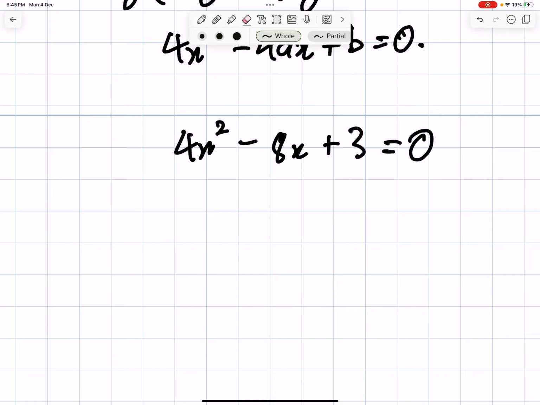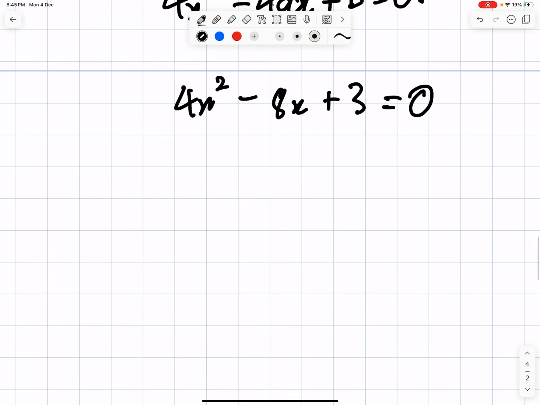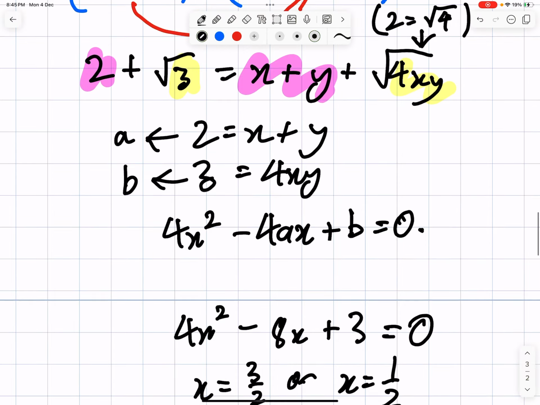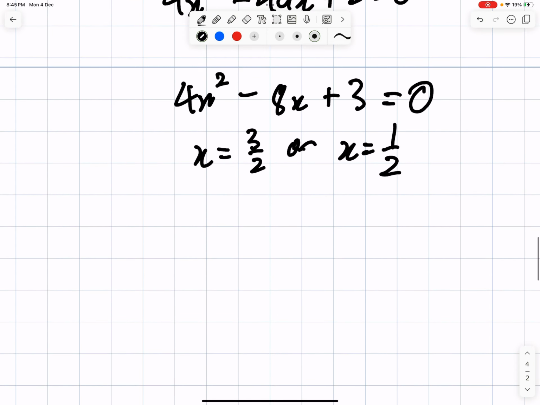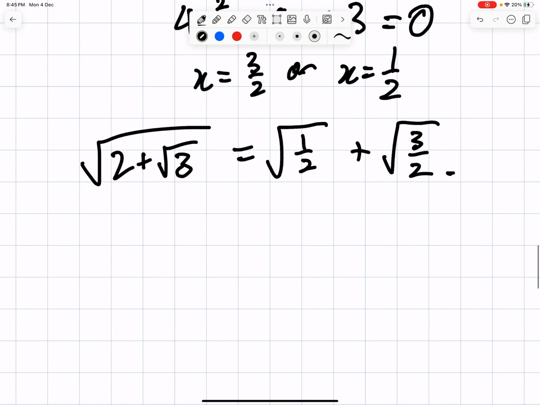Okay, so when we solve this, we will get x equals 3 over 2 or x equals 1 over 2. And then we can say that square root of 2 plus square root 3 equals square root of 1 over 2 plus square root of 3 over 2. You can check this in your calculator if you don't believe me.